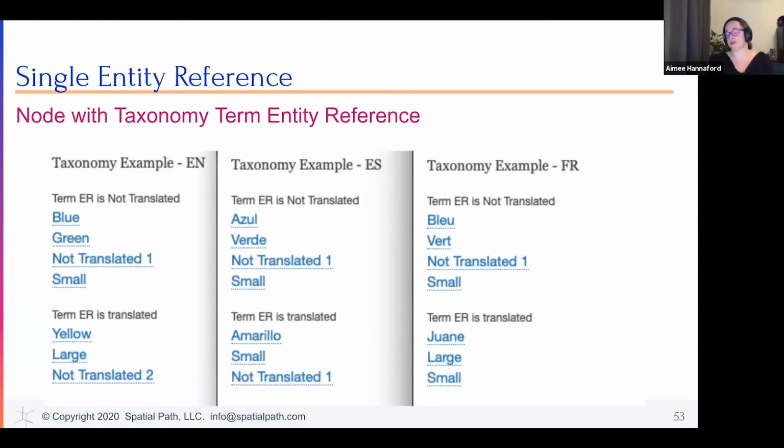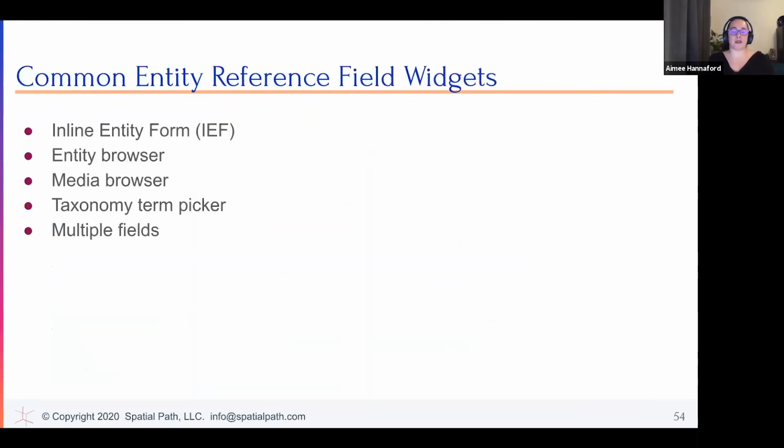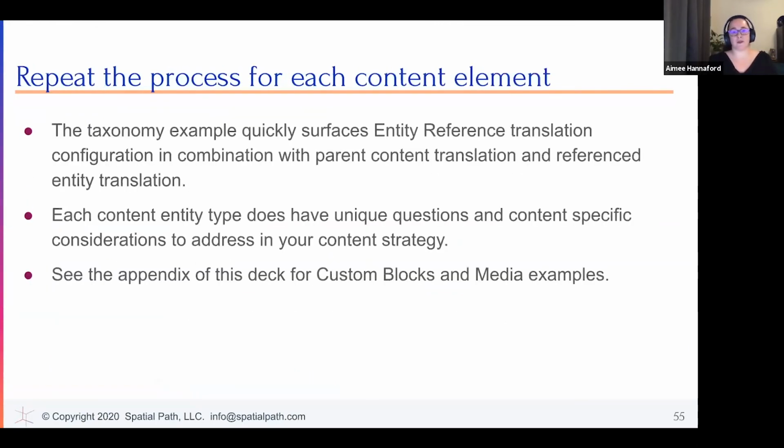So this is the most simple. When I say it gets more complex as you move on, it's just because the nesting and layers of customizations come into play. And then we talked a little bit about the entity reference field widgets.